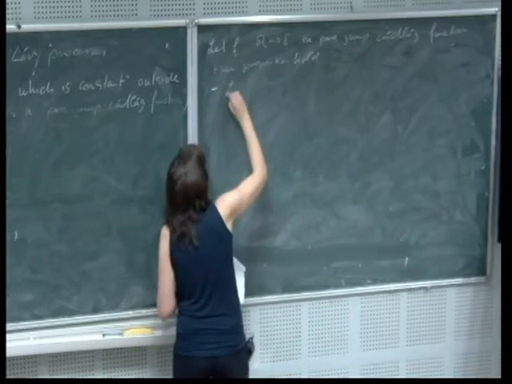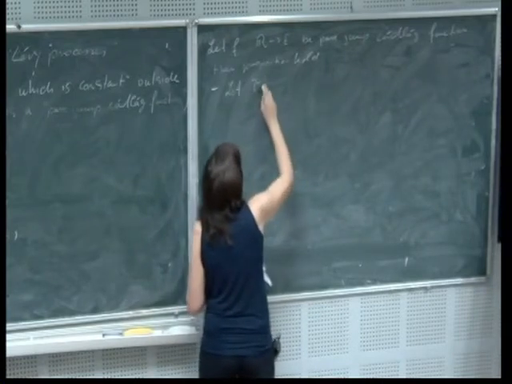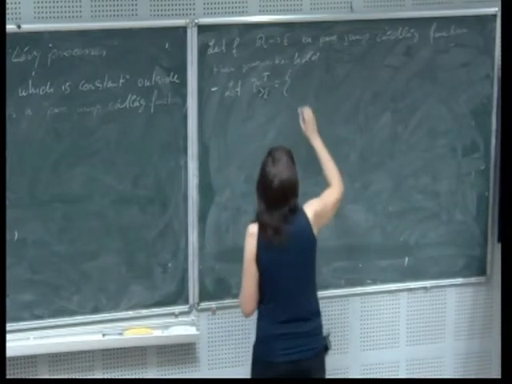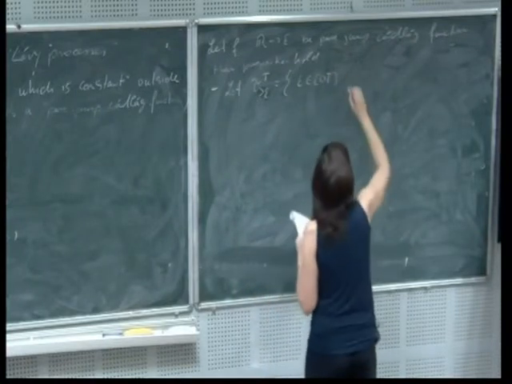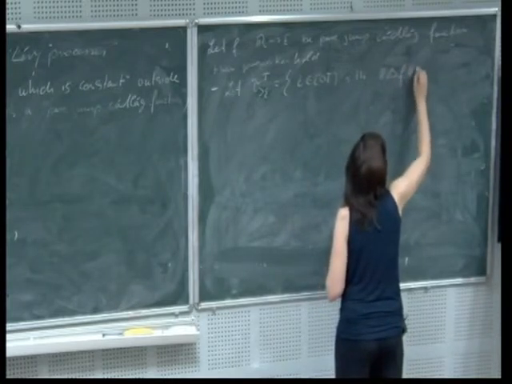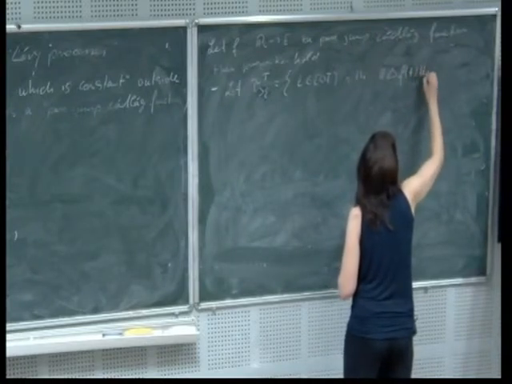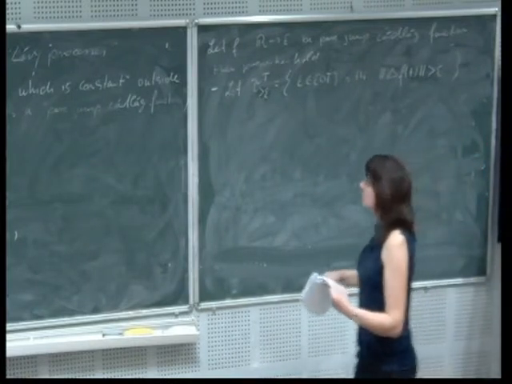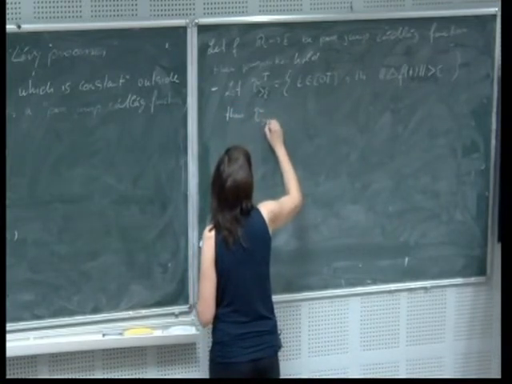If I take the set of all those times t in 0 to big T such that the jump has a size bigger than epsilon, then it is clear that this set has only finitely many points.